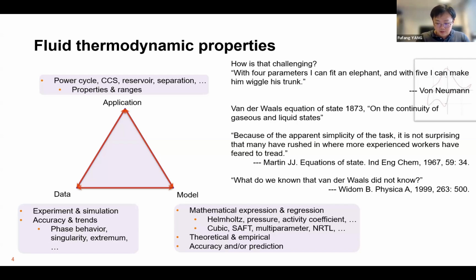And there are some activity coefficient models, the NRTL, UNIQUAC, they are also widely used. Some of these models are more theoretical, some are completely empirical, most of them are in between, but some focus more on the accuracy and some try to be as predictive as possible.